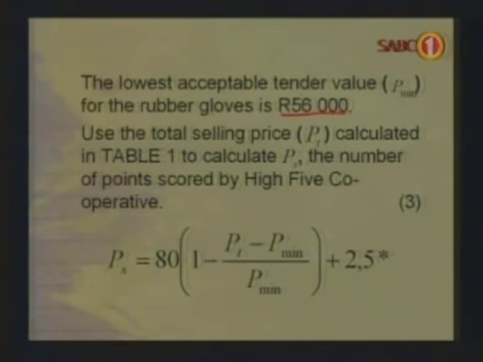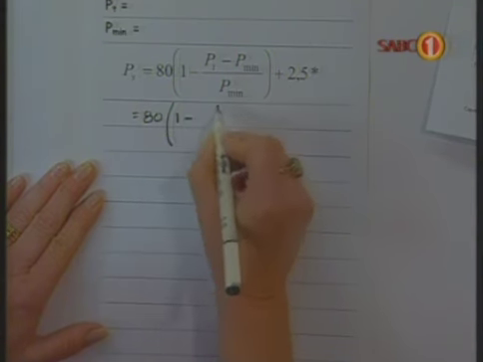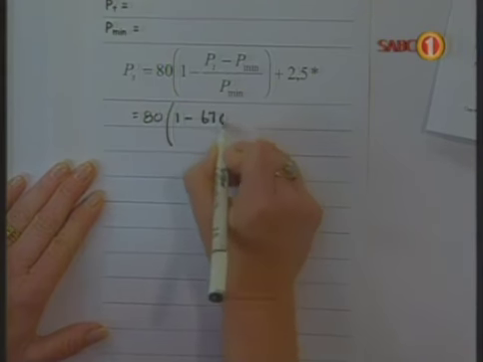There they've given us the one value that we have to use. Use the total selling price calculated in Table 1 to calculate P of S, the number of points scored by Half 5 Cooperative. Okay, so our formula is here again. So all we're going to do now is take our different values and substitute them in here. So it's going to be 80 multiplied by 1 minus our P of T, which we find in our table just now.